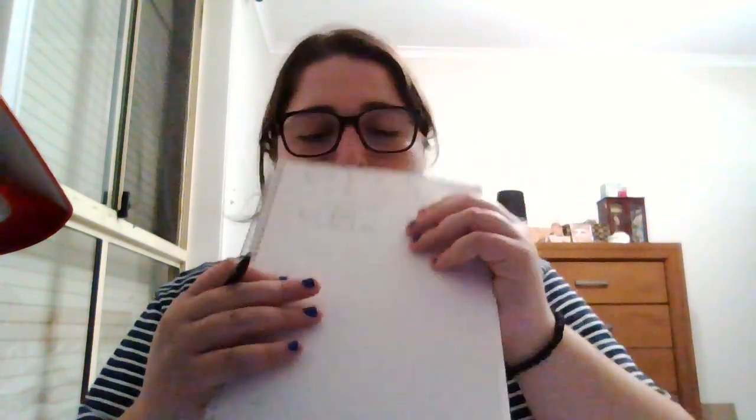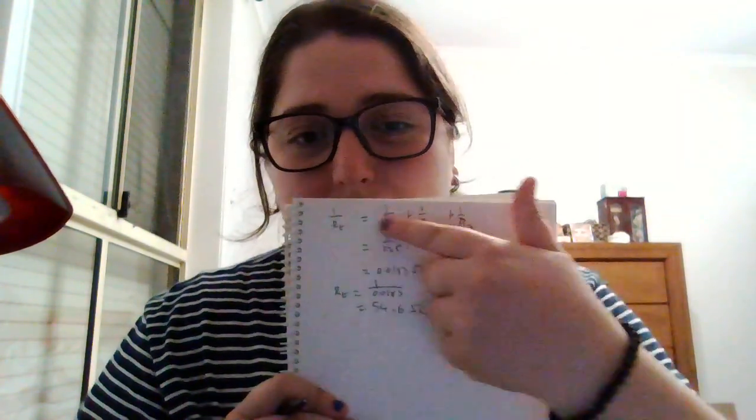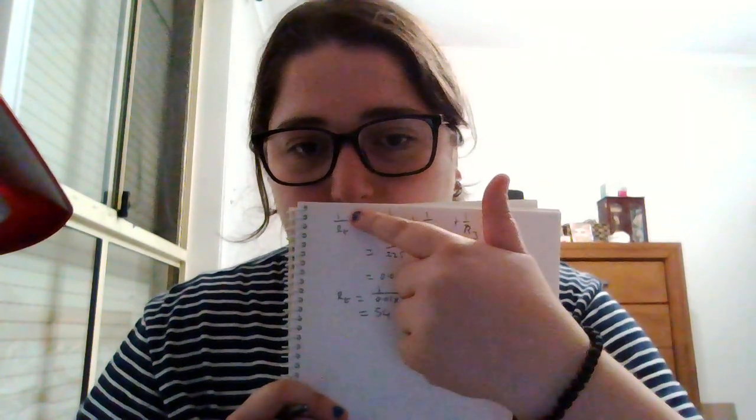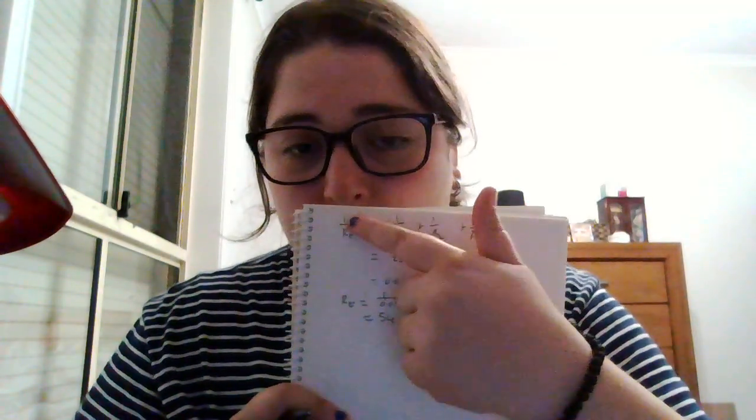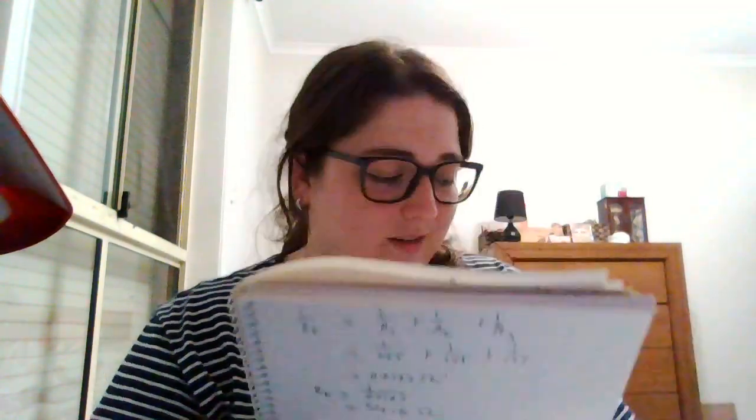Okay, that is your final answer. Not this here, where you have a number, but it's equal to 1 divided by RT. You need to divide 1 by that number to get what your RT value actually is. Please make sure you finish that equation when you do it in your practice tests.